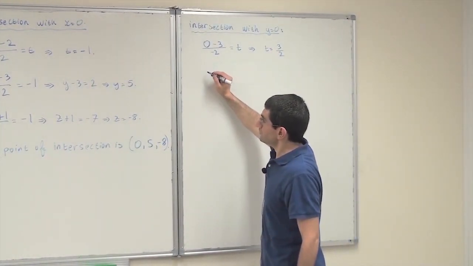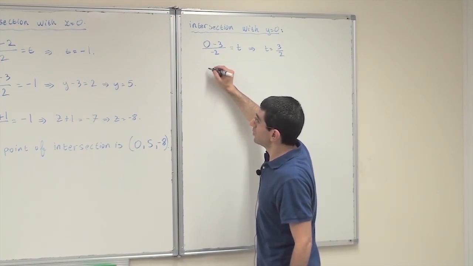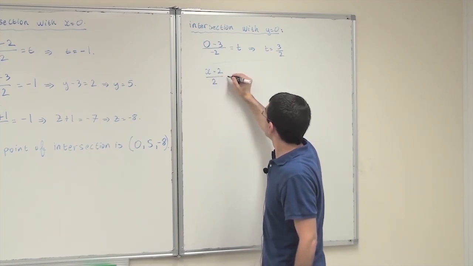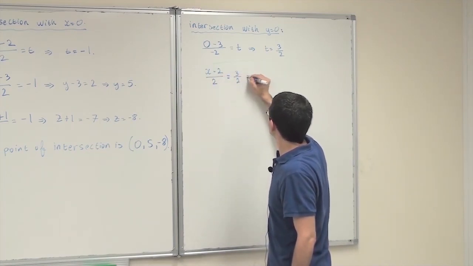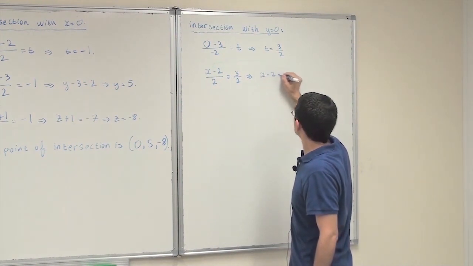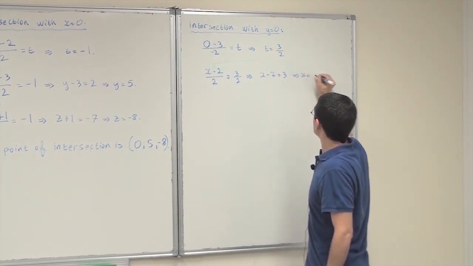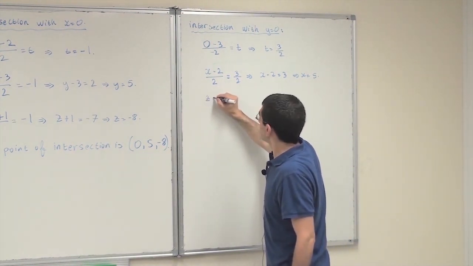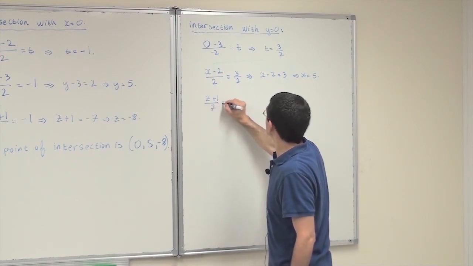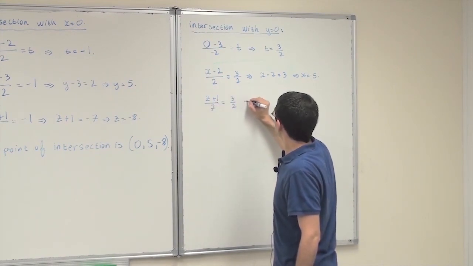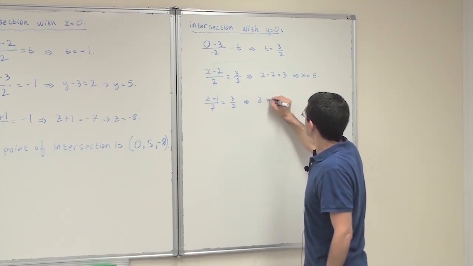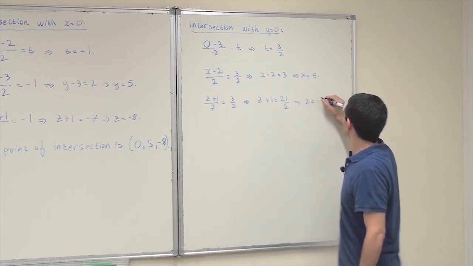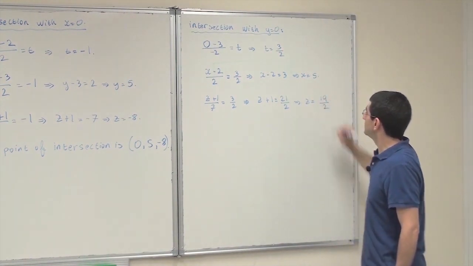And then I use this to find the other components. So (x minus 2) over 2 is equal to 3 over 2. So from this, x minus 2 is equal to 3. So x is equal to 5. And (z plus 1) over 7 is equal to 3 over 2. So z plus 1 is equal to 21 over 2. And z is 19 over 2.